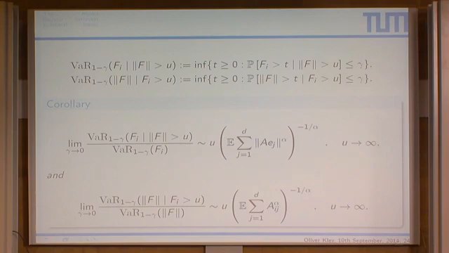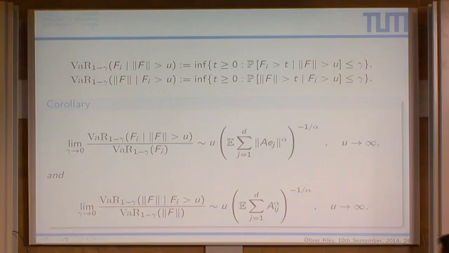And having said this, one can surely look at asymptotics like these to get a feeling for how much the value at risk of f_i is influenced by a rather disastrous event of the whole vector, which depends, of course, on the whole distribution of f. This scales linearly in u.